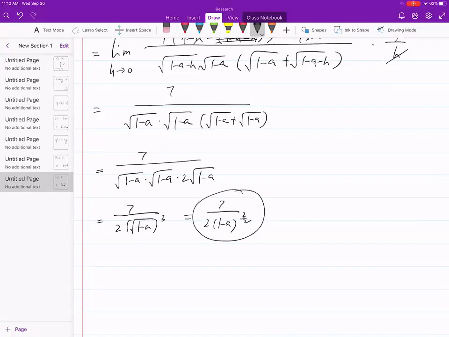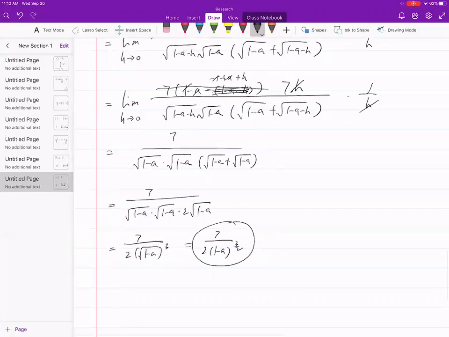That's the answer. So, definition, common denominator, conjugates. The rest is algebra.